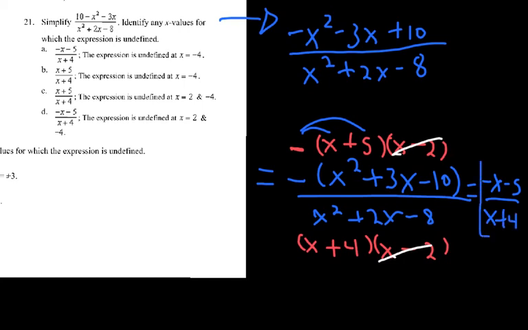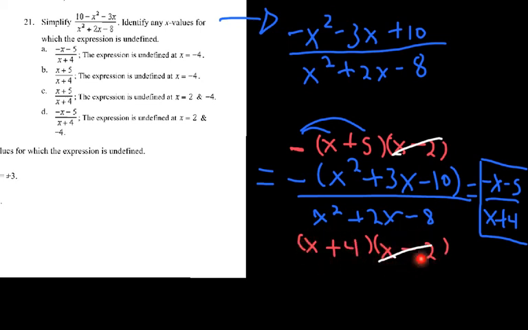Now the question also asks for the undefined. So that means that you have to go back to the trinomial, the bottom, and check what numbers don't work. So looking at the denominators here, well, the first binomial, if you plug in a negative 4, doesn't work. That's going to give you a 0.